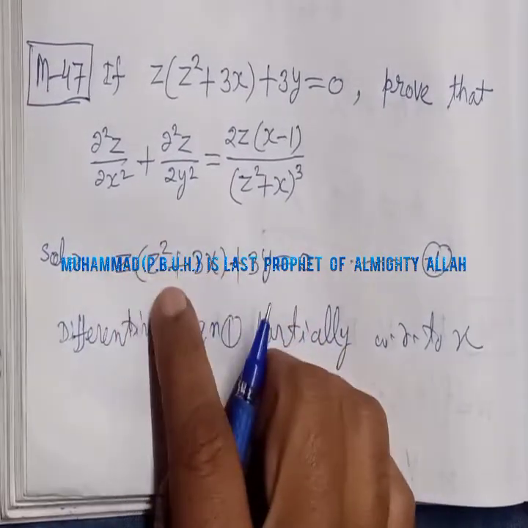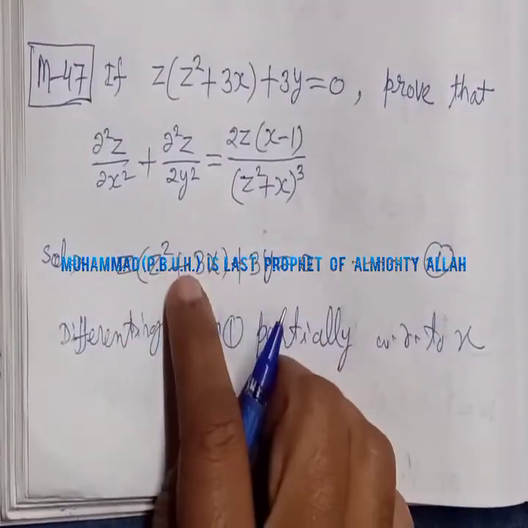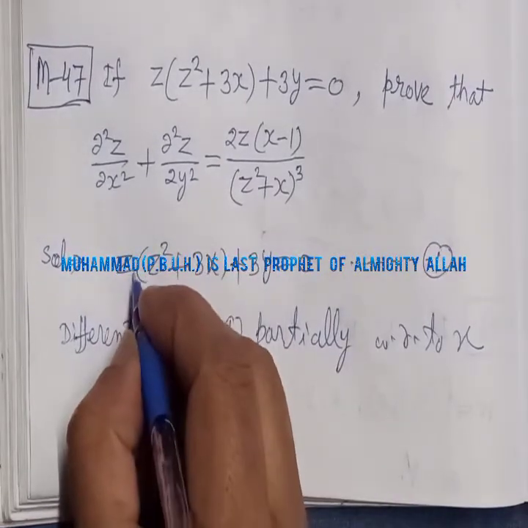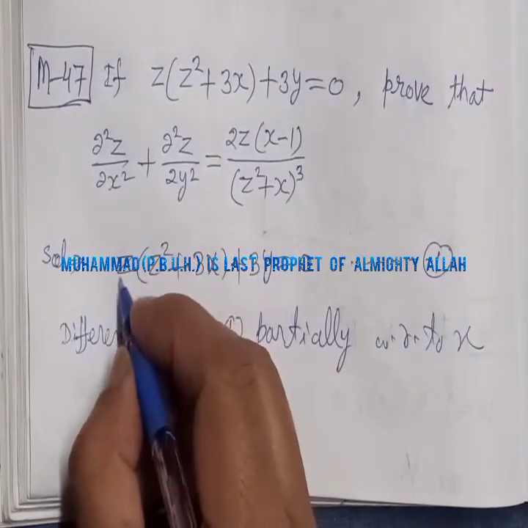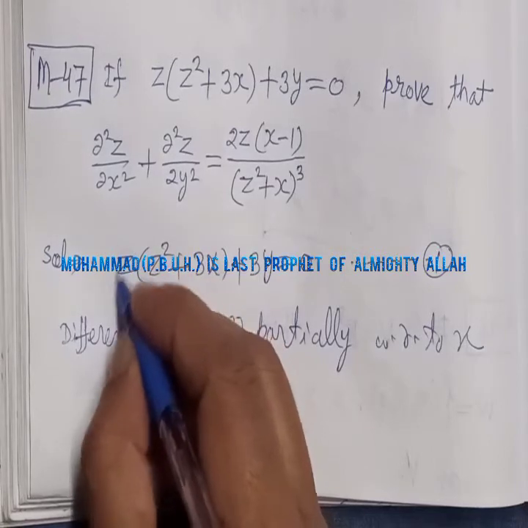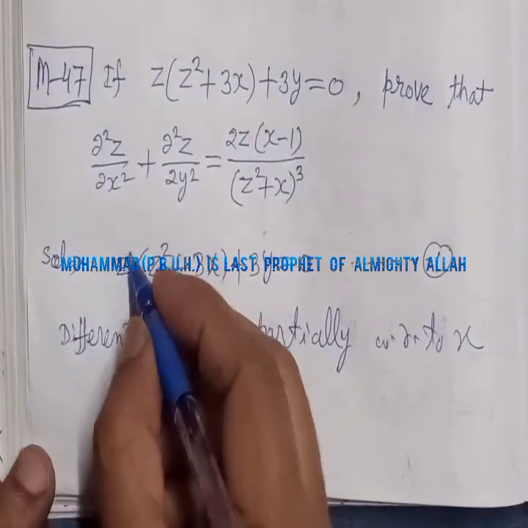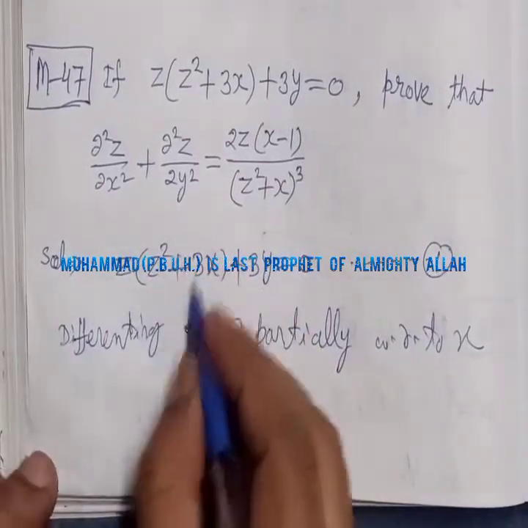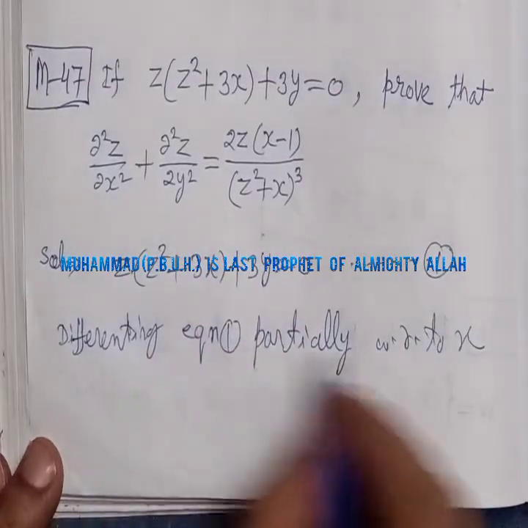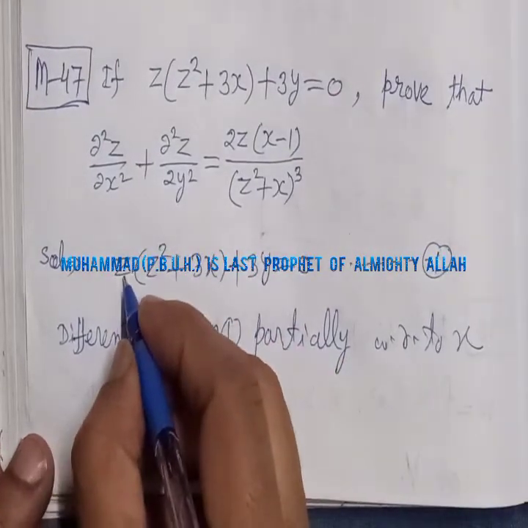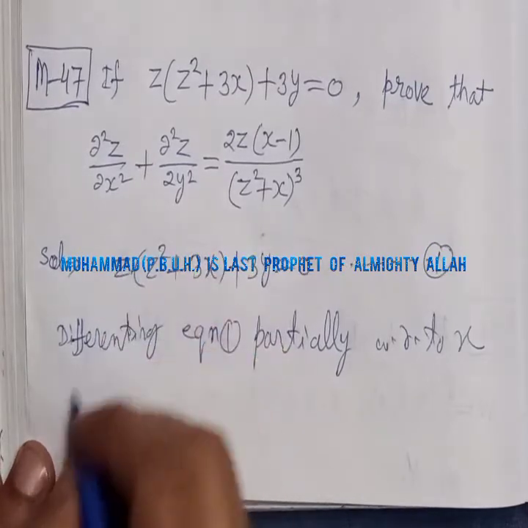When we differentiate this, we can consider there are two functions, first function z and second function this bracket. Differentiation with x, apply product rule.